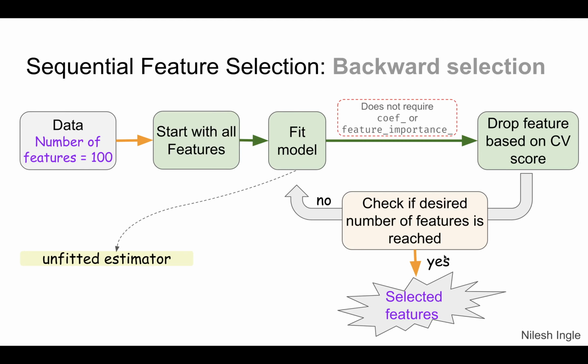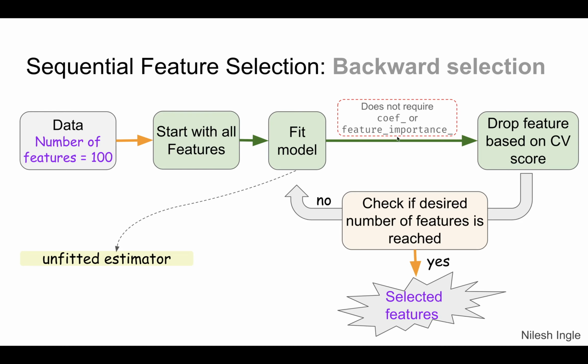Next, this is sequential feature selection. First, we look at backward selection because it starts with all the features. Essentially, you start with all the features, fit a model, then calculate the cross-validation score, and then drop the features based on the cross-validation score.